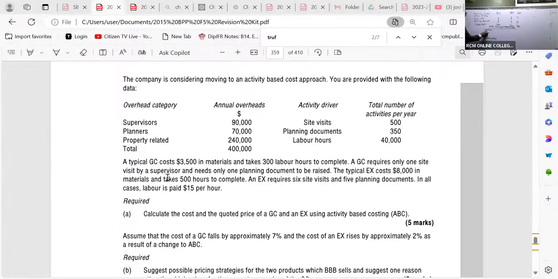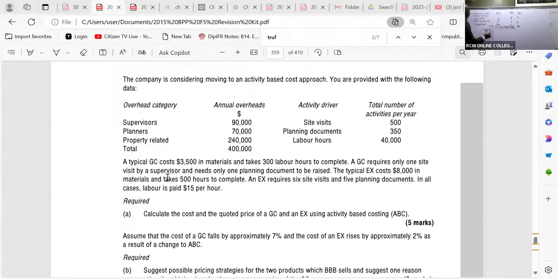Supervisors, have they given me the cost driver? Yes. It is a site visit, of which I can see the site visits are 1 and 6, giving me 7 in total. The next one is planners. For planners, they have told me it is documents, and I can see it is 1 to 5.